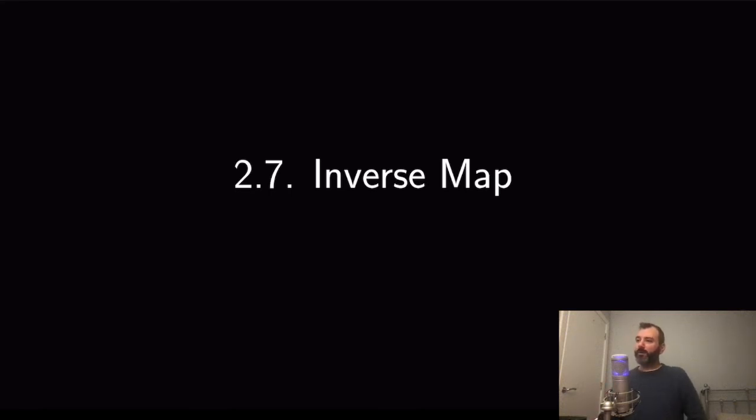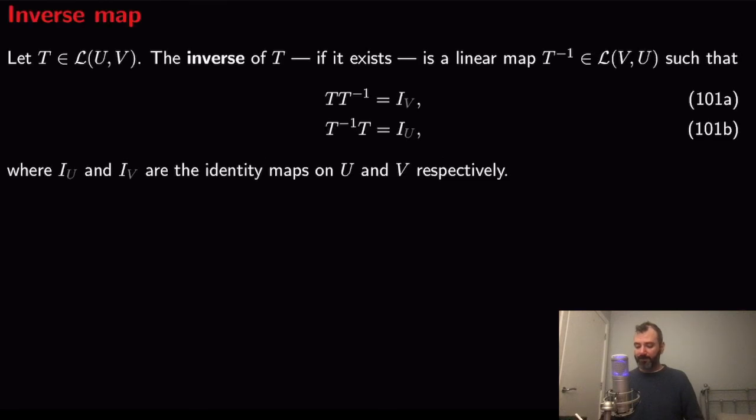We have talked about inverse matrices. We can extend now what we said about inverse matrices to inverse linear maps. So what we'll do here will not come to you as any surprise. So take a linear map T from U to V. We'll see later that U and V must have the same dimension for the linear map to be invertible.